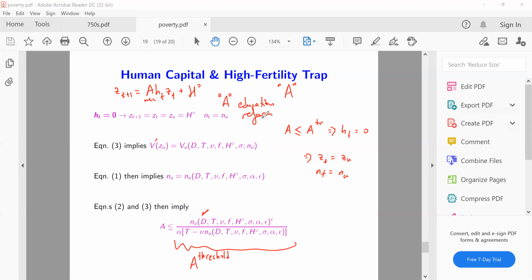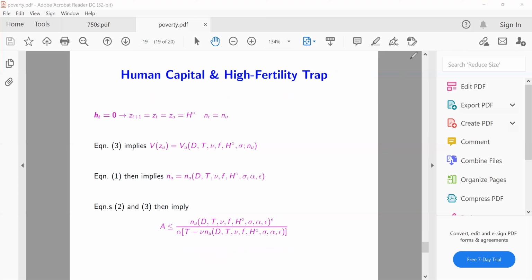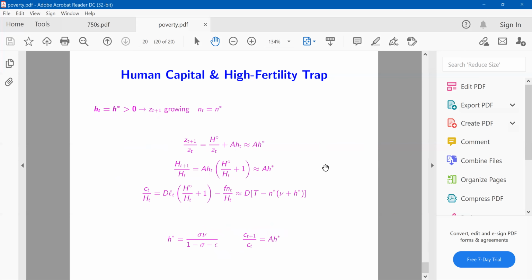And that type of education reform eventually results in lower fertility because of the quality-quantity trade-off. Okay, so that's the last slide.